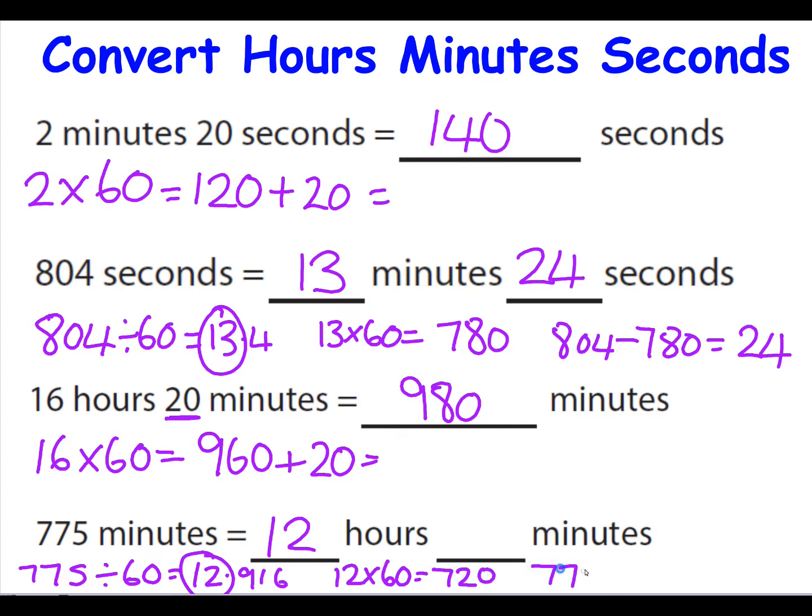We had 775, take away the 720, and it leaves you with 55 minutes. So 775 minutes is 12 hours and 55 minutes.